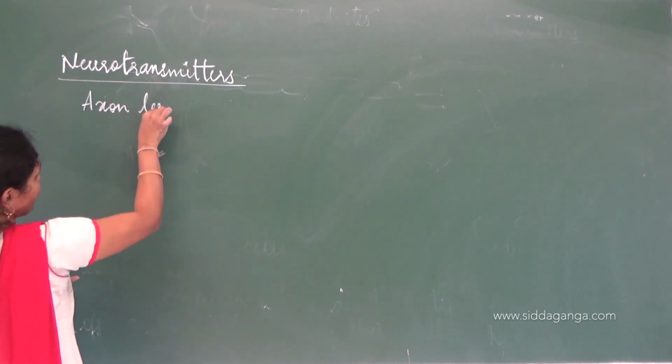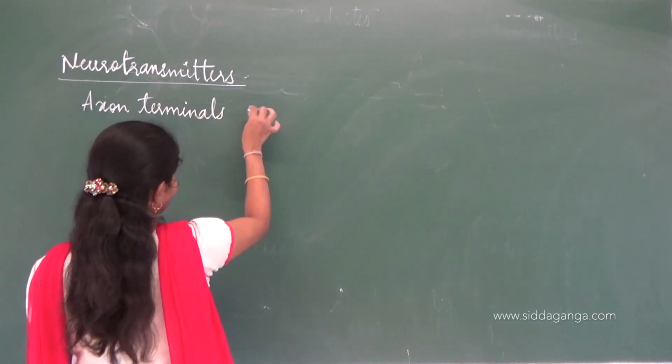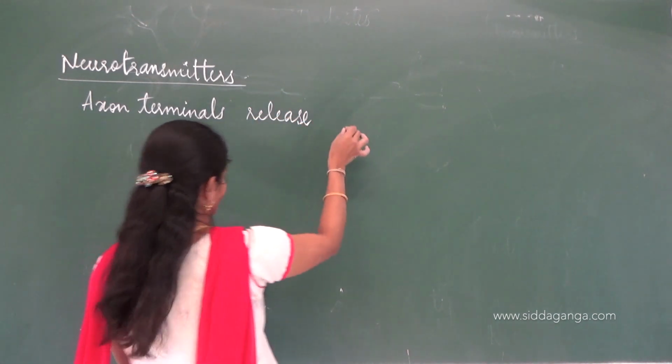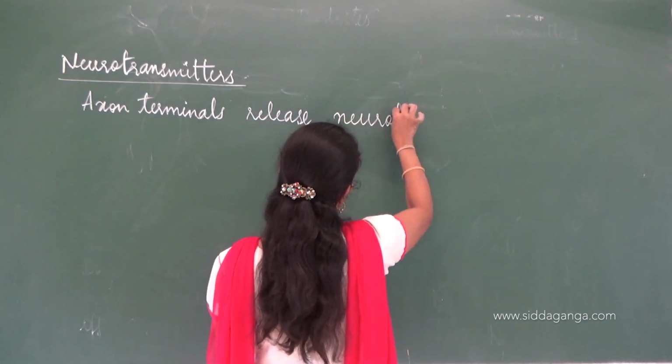Axon terminals contain, or they release, neurotransmitters. Neuro refers to neuron.